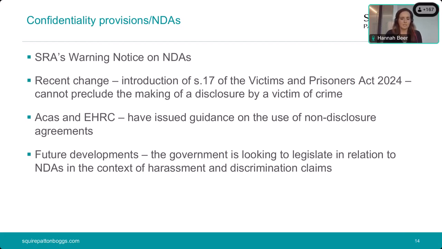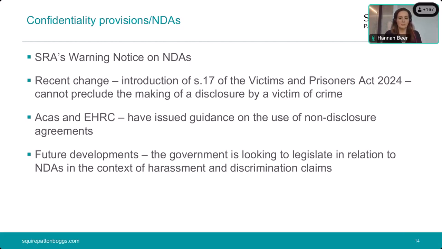It won't be relevant in the vast majority of cases, but it's important that it isn't overlooked, particularly where there are allegations of harassment, for example. And therefore, we are often updating settlement agreements to include wording that carves that out of any confidentiality clause.